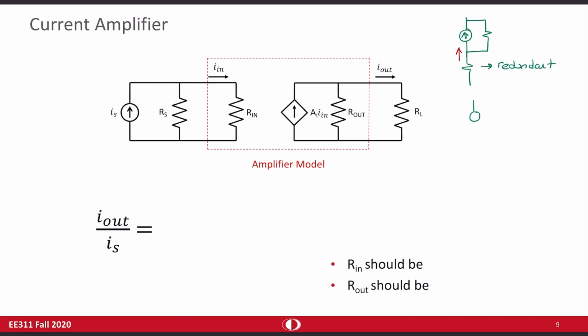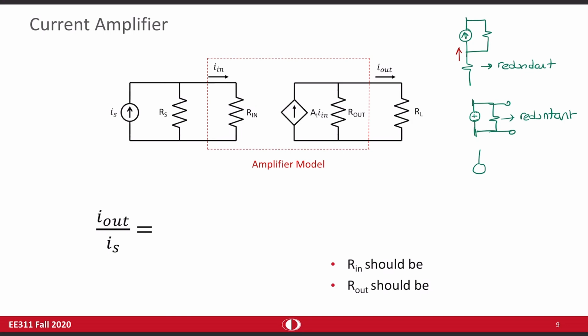For voltage sources, if you put the source resistance in parallel, again, this is redundant. Why? Because the value of the source resistance does not change the potential across these two branches.